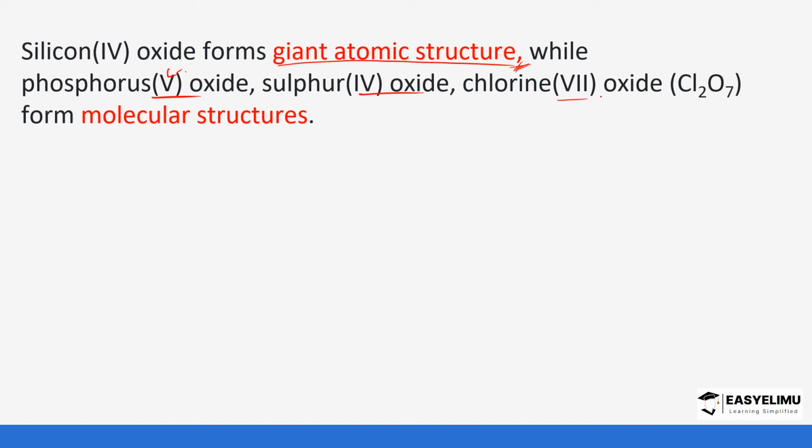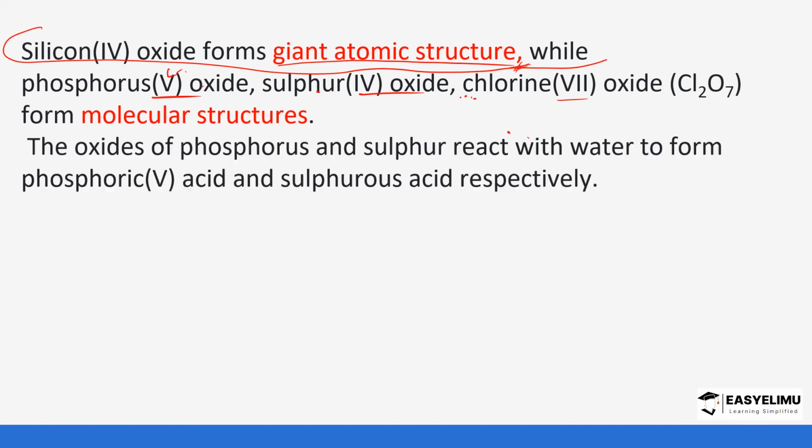They're molecular. Why? Because you can see they are non-metals bonding with other non-metals. We said when that happens, they have covalent bonds between the atoms and weak van der Waals forces between the molecules. Apart from silicon 4 oxide, which is the one that is different. But phosphorus, sulfur, and chlorine oxides are molecular in nature.